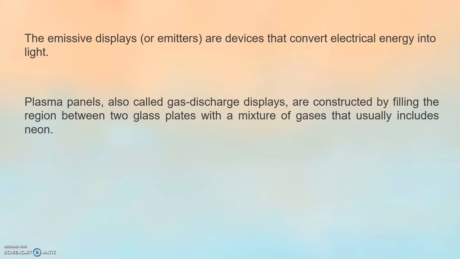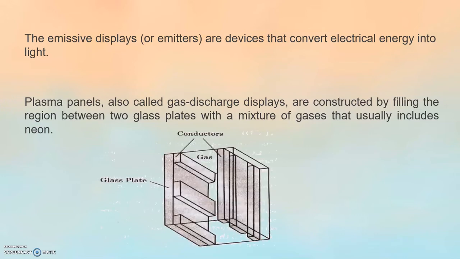Picture definition is stored in the refresh buffer and the voltages are applied to refresh the pixel positions at 60 times per second. Separation between pixels is provided by the electric field of the conductors. This is how a plasma panel looks like.